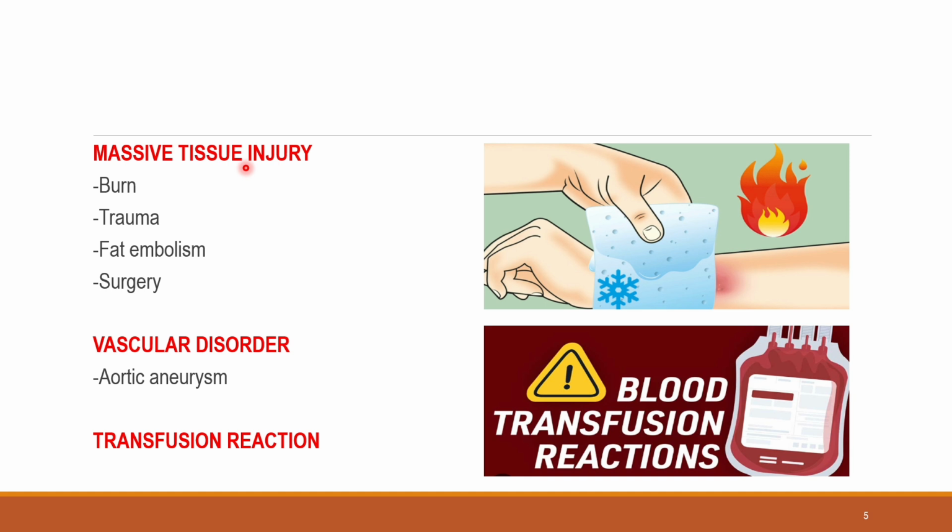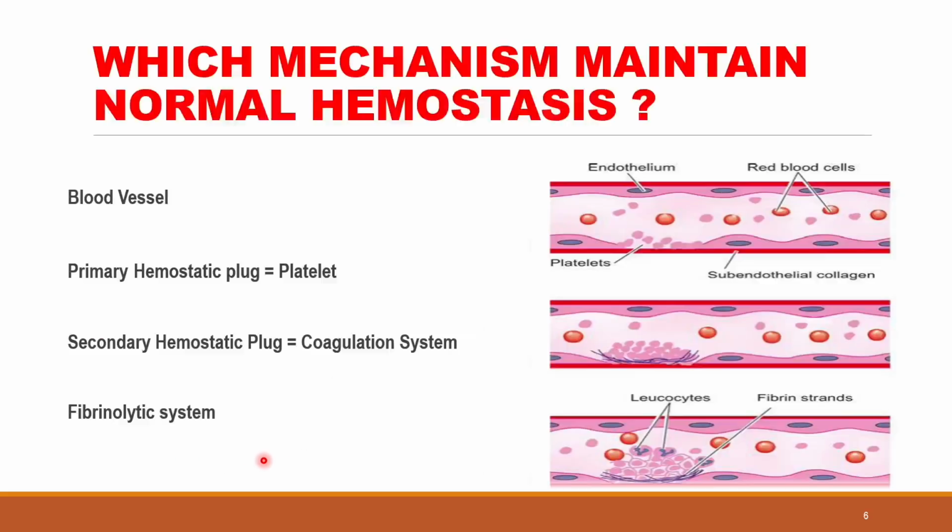It will activate the extrinsic pathway of coagulation. So the etiology for that is burn, trauma, fat embolism, surgery, in which massive tissue injury can occur. Vascular disorders like aneurysm, dilated blood vessels, also put a patient at risk for DIC development. And transfusion reaction. If the wrong blood is transfused, DIC can occur.